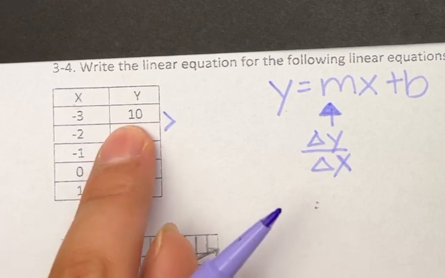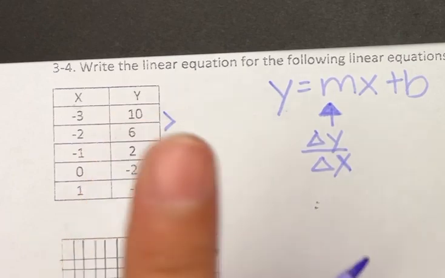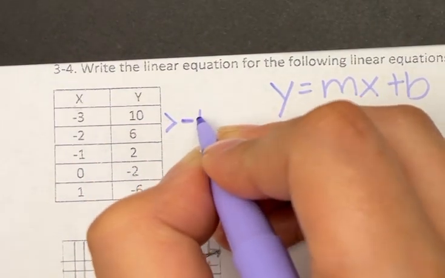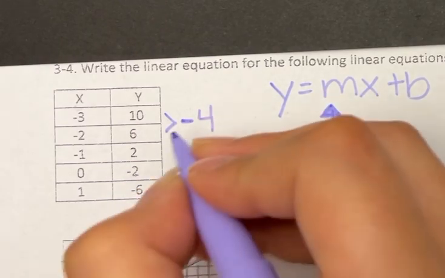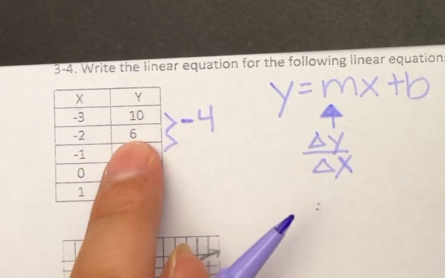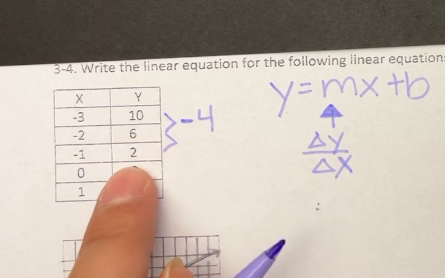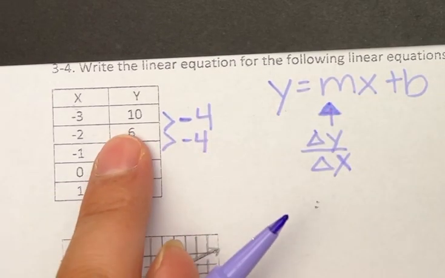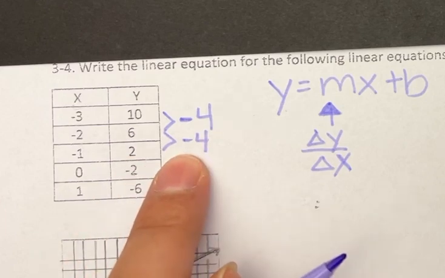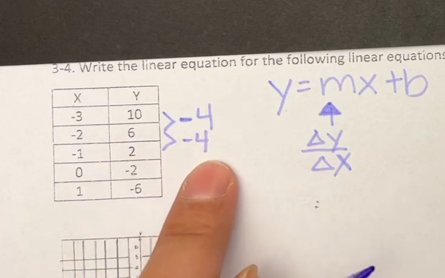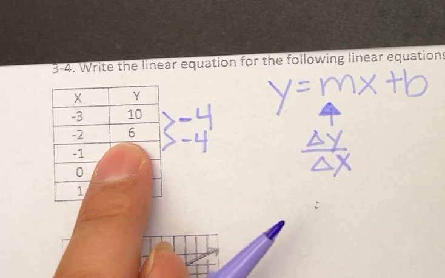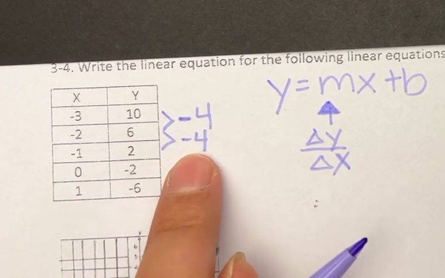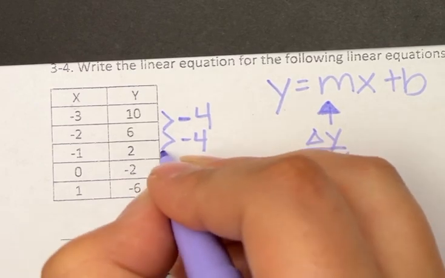So from 10 to 6 it decreased by 4. From 6 to 2, de 6 a 2, again, it decreased by 4. You had $6 and now you have 2, so you technically spent $4. Tenías $6 y ahora tienes 2, pues gastaste un total de $4.